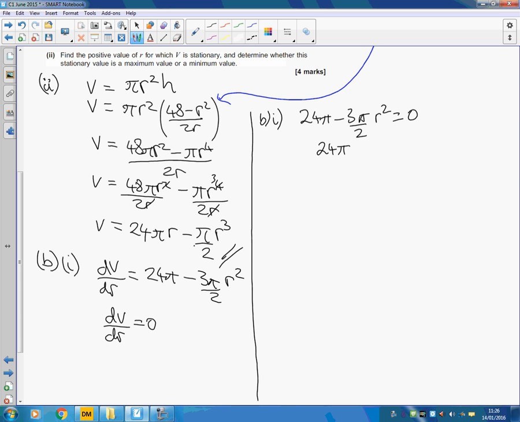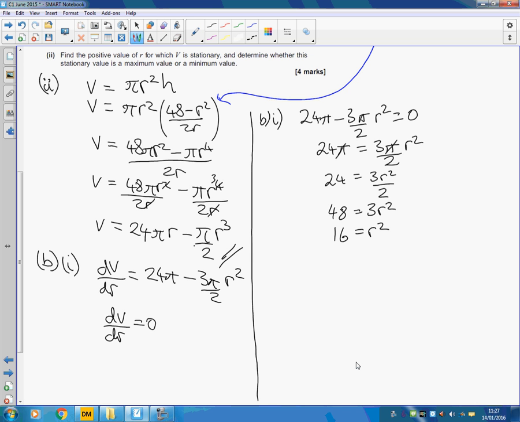It'll be useful to have a positive r squared, so I'm going to move that to the other side. Notice we can divide both sides by pi. So I've got 24 equals 3r squared divided by 2. I could then multiply by 2 and then divide by 3. Right, so I've got 16 is r squared.